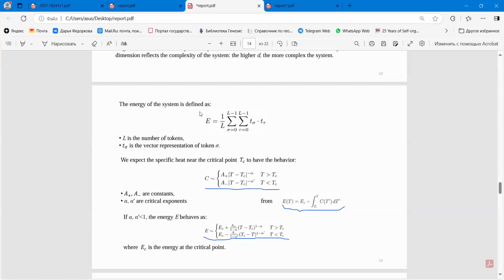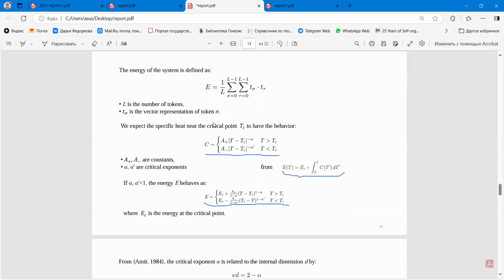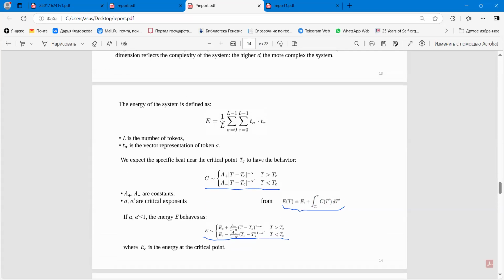Yes, but the energy will be smallest if all of them are orthogonal, I guess. But if this is a dot product, they construct the graphs according to this relation. So it's very easy to have negative. So no, I think I'm lacking understanding of what the energy is. It should be related somehow to the loss function, but here it isn't. So okay, that's fine.